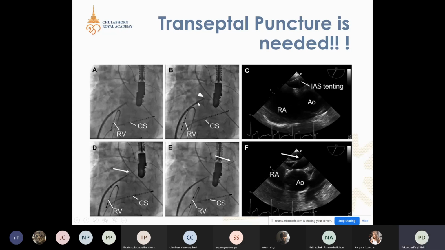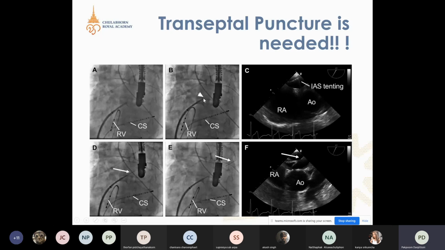Sometimes the doctor will confirm the location again by trying to inject some contrast, and the contrast should be directed against the fossa ovalis, and the flow of the contrast against the fossa ovalis should be like this.